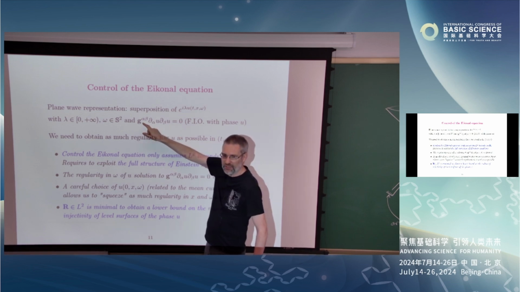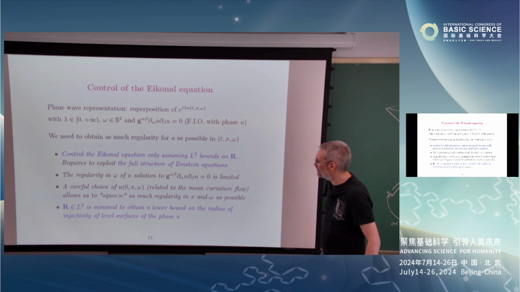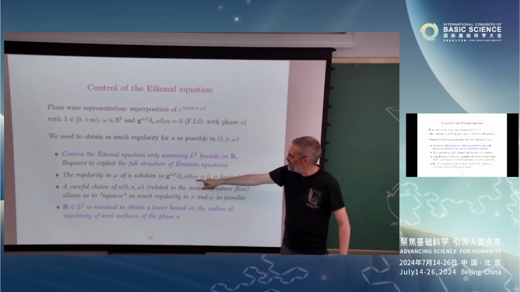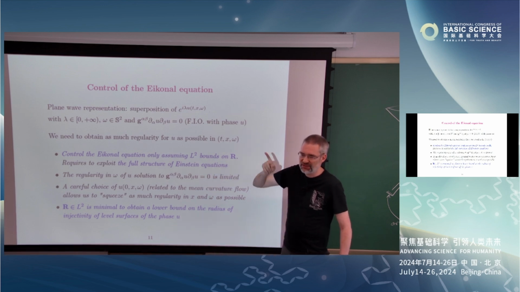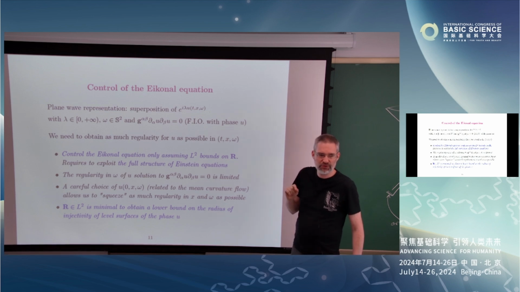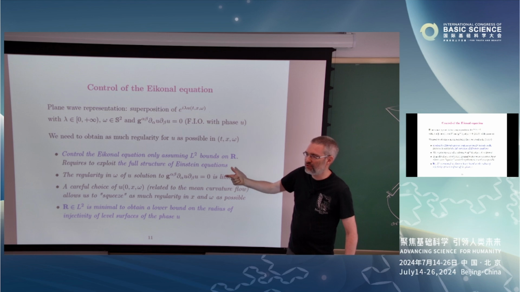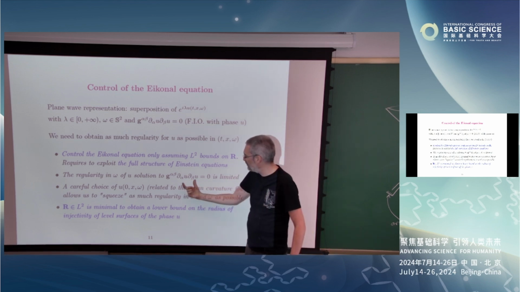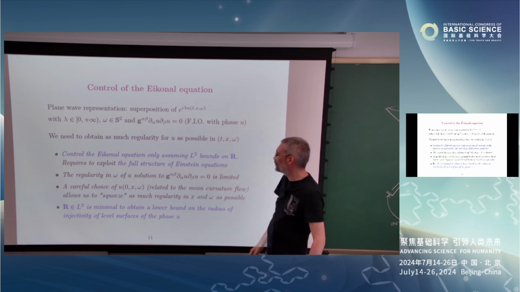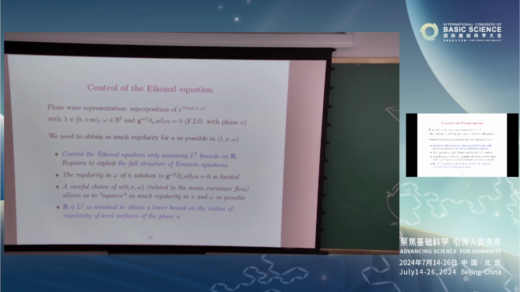It turns out that this is a naive idea, because this eikonal equation is a nonlinear transport equation. As with any transport equation, you gain one more derivative in the direction of the transport. But once you differentiate with respect to omega, out of this good derivative you get a bad derivative, and this induces a loss of derivative. This is why you are also limited with respect to omega.